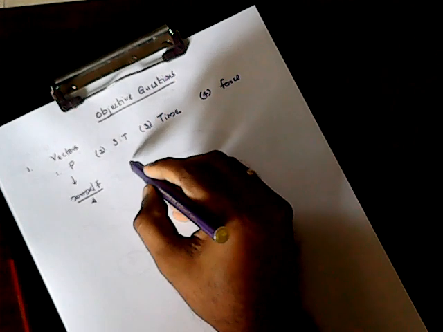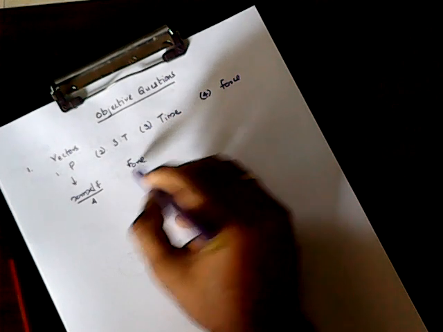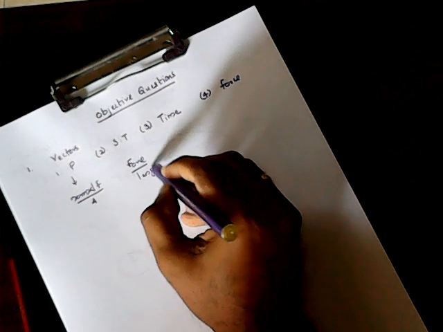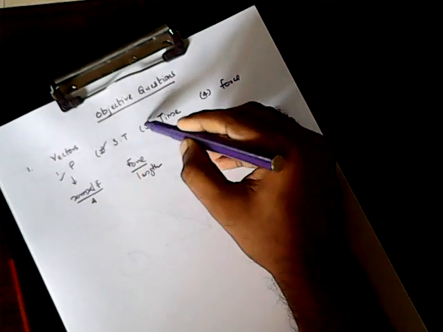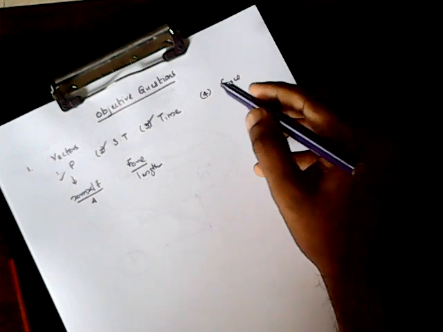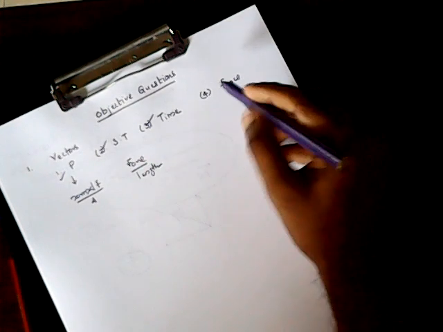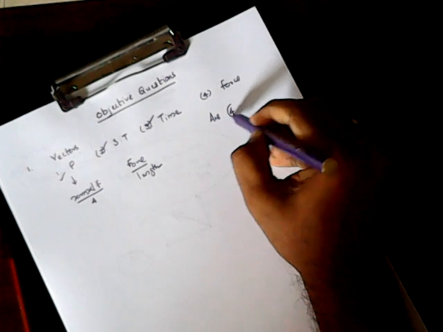Surface tension means the force per unit length. These three terms have directions, but they do not obey vector algebra, and hence they are treated as scalars. So the answer is the fourth choice, force.